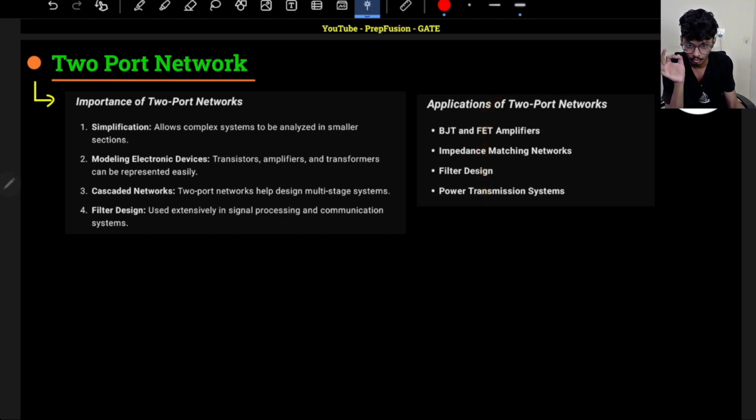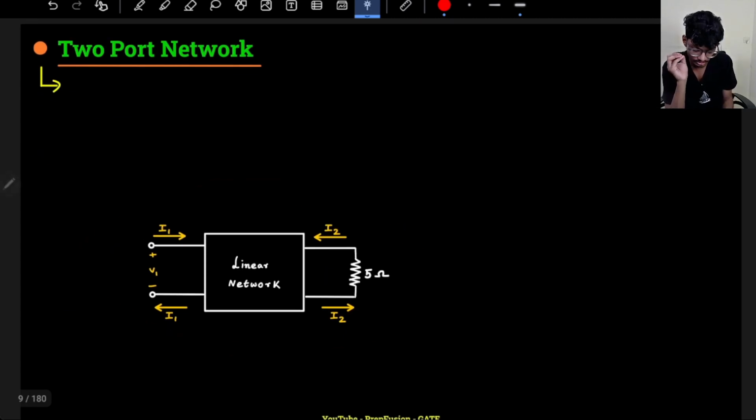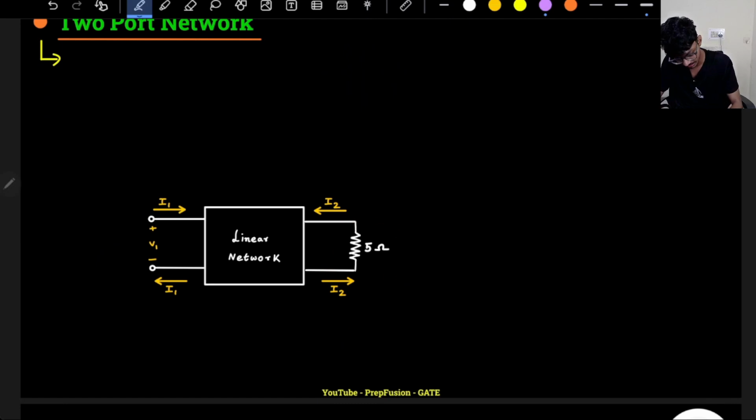Another important point to note is that if I have a network like this, there is a huge confusion among students about the voltage drop across this resistor. The voltage drop across the resistor has some current IL, the load current.